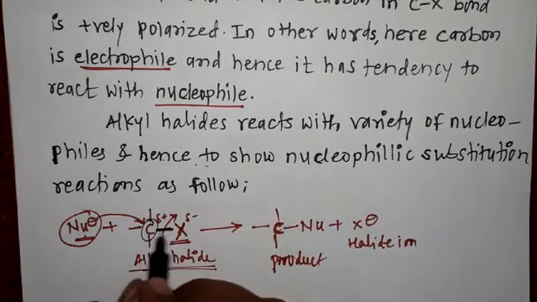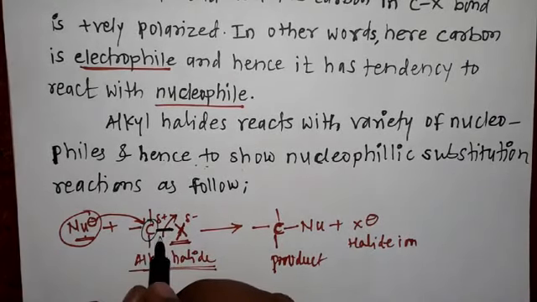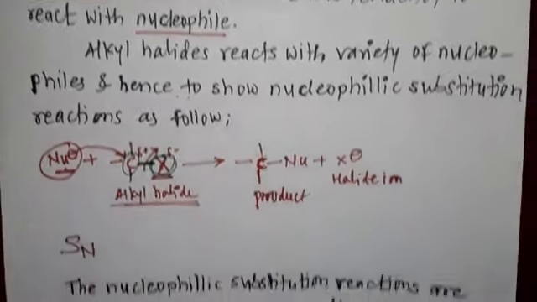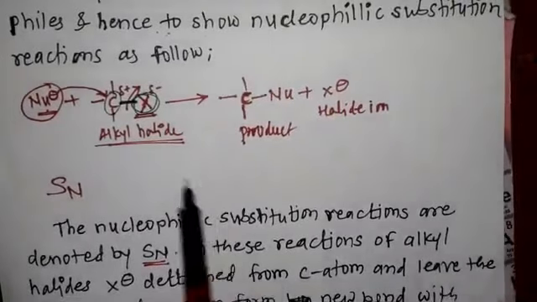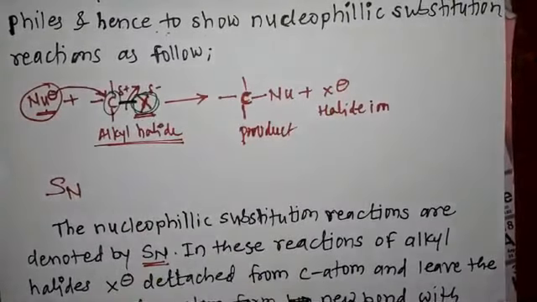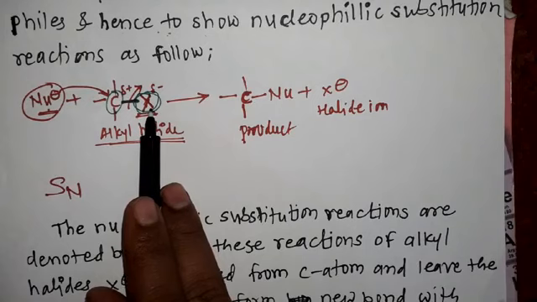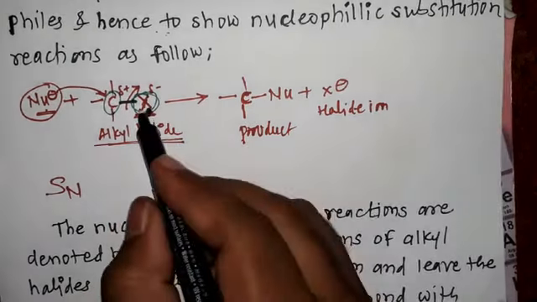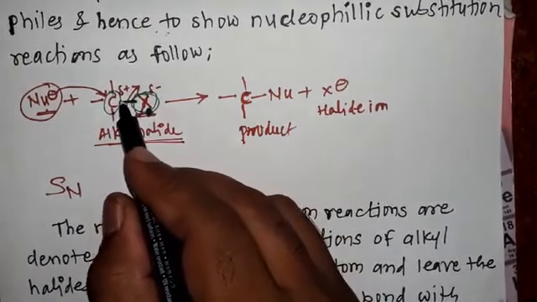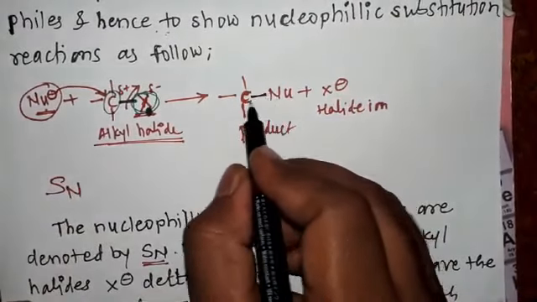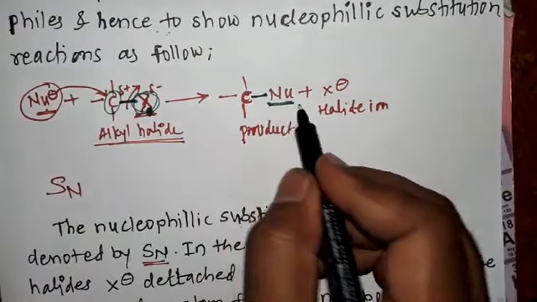Due to the breaking of this C-X bond, this halide or halogen detaches from this carbon and leaves the carbon atom. Hence this halide is called a leaving group. And due to the detachment of halide from this carbon, a new bond forms with the nucleophile.